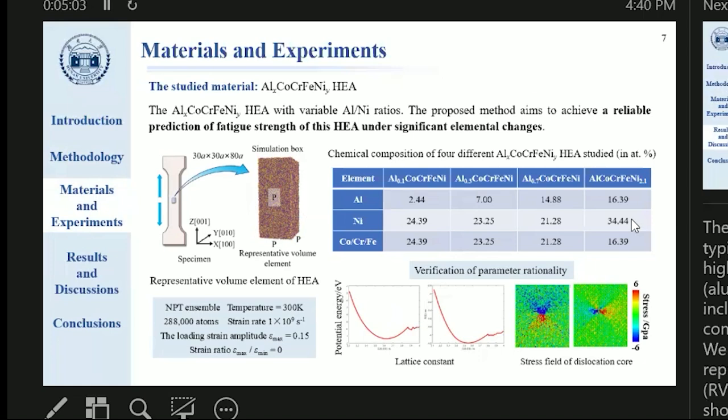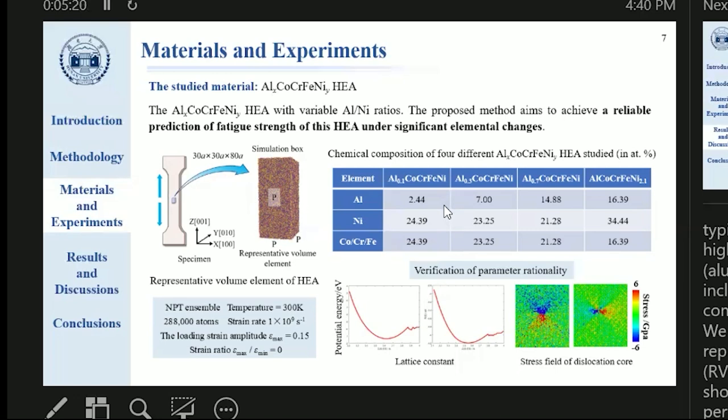The materials used in this study are typical equal-ratio FeCoNi high entropy alloys with variable aluminum and nickel contents, including four representative compositions as shown in the table.